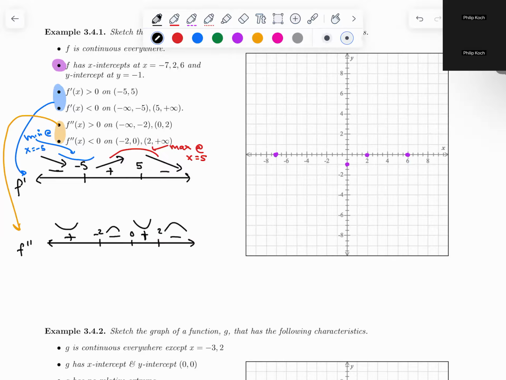Any questions on that? So I'm taking the 2 bits of information, these 2 bullet points worth of information, to create a sign chart for the second derivative. And this means that concavity changes at -2, 0, and 2, which would suggest that they are all inflection points, because concavity changed and the function is continuous everywhere, which means that it exists everywhere.